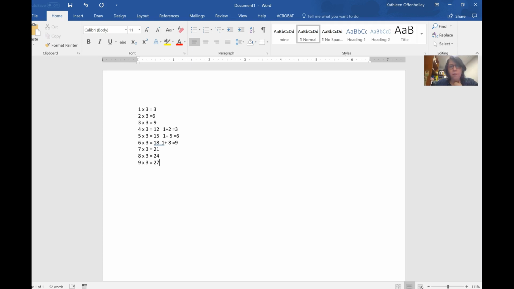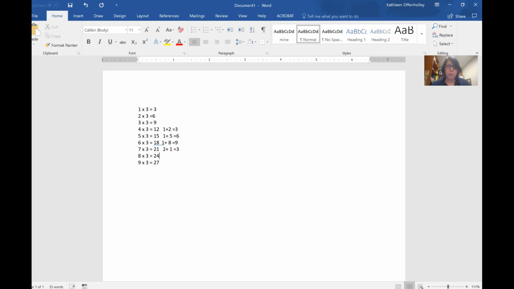So the pattern of the 3s is not a pattern of the ending digits. The pattern of the 3s is a pattern of what they add up to. So 2 plus 1 is 3, and we don't put an equal sign there, just adding the digits. And you can see a 369, 369 pattern emerge.